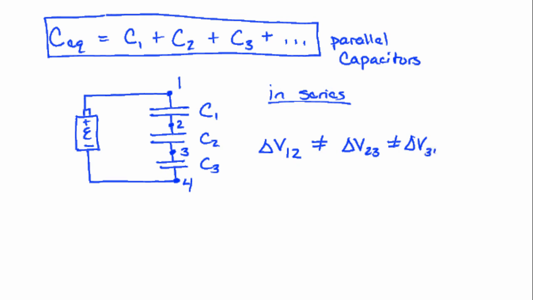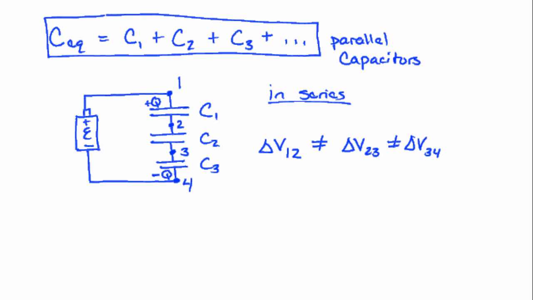But if we're putting charge Q on the top plate here, that means in order to keep the same potential difference that we have over the battery as we have between points 1 and 4, then the very bottom plate here has to have charge negative Q. And if this bottom plate has charge negative Q, then that's going to induce a separation of charge.